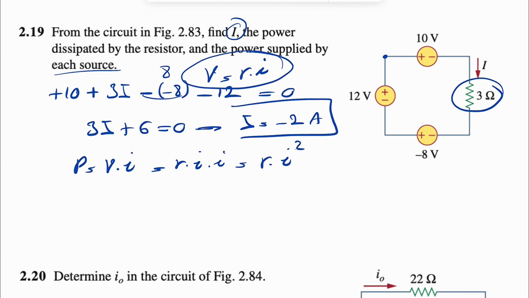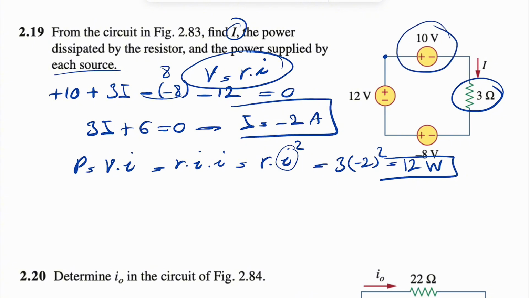You can see regardless of the sign of the current, we're going to get the power always positive for a resistor, which is basically the dissipated power. So R is 3, and current is 2 or negative 2, so it's going to be 3 times 4, or 12 watts for the resistor. Then we're going to move on to each of the elements that we have.